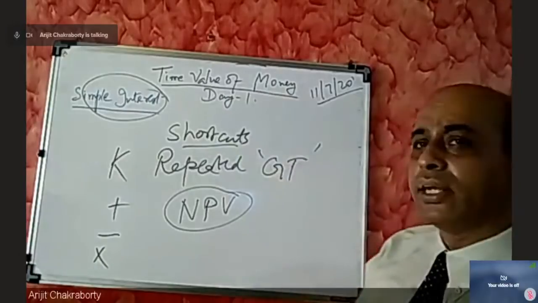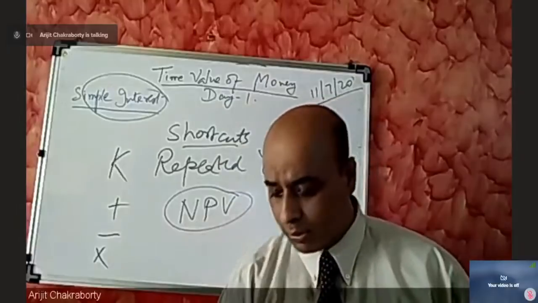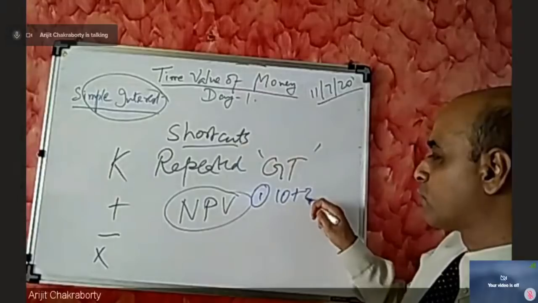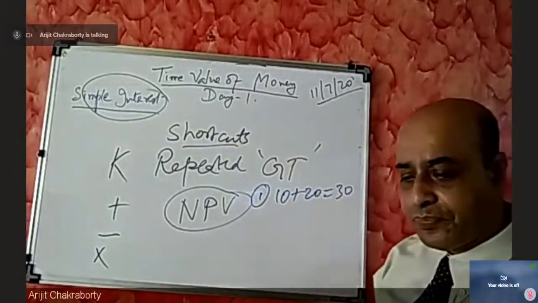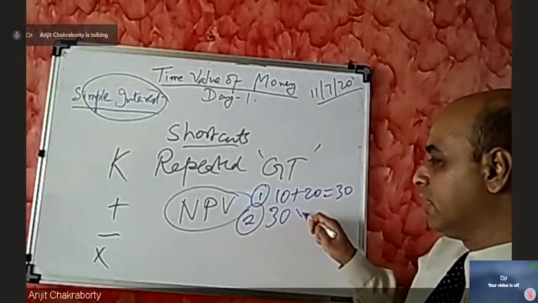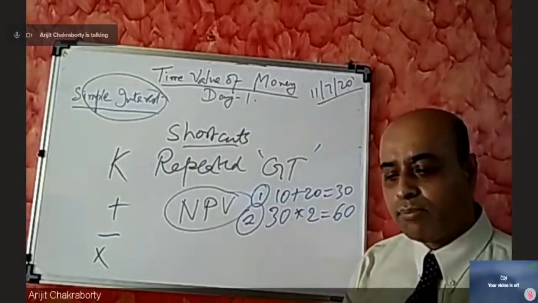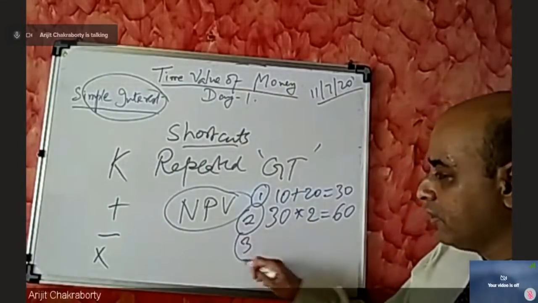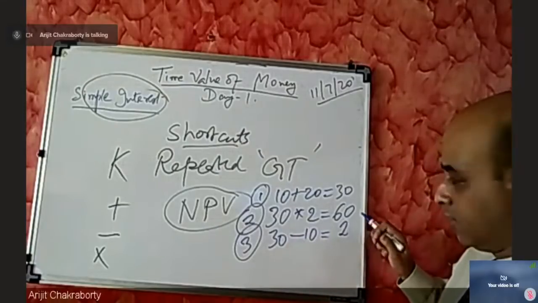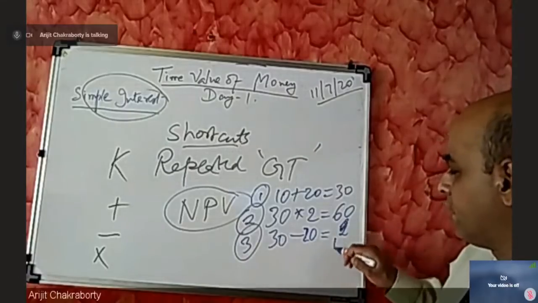You will see that there is a GT button in your calculator. For example, say calculation number 1, you have done 10 plus 20 equal to 30. Then calculation number 2, 30 into 2 equals 60. Calculation number 3 is 30 minus 20 equal to 10.